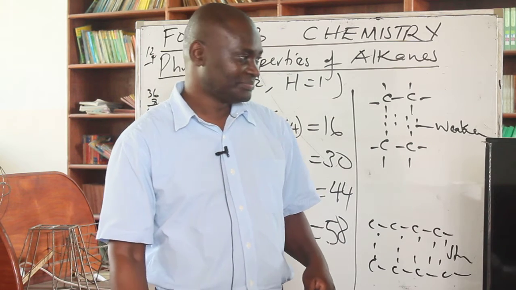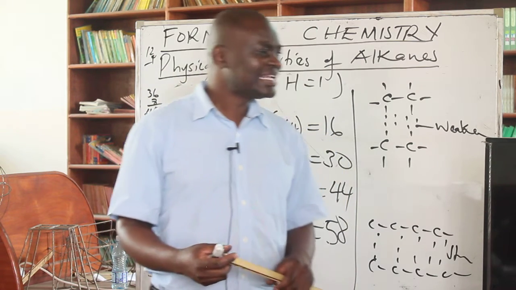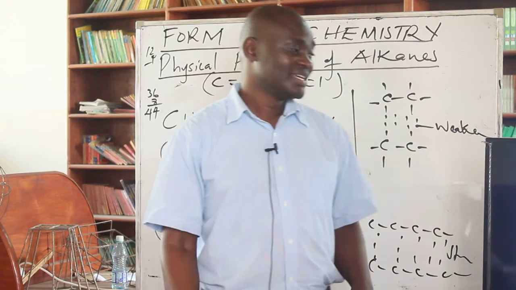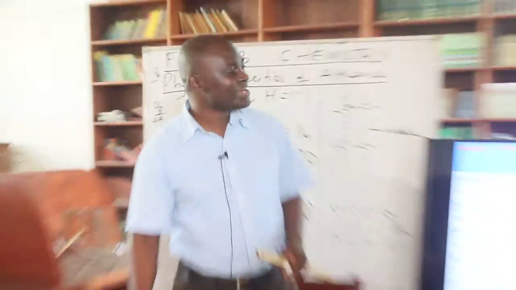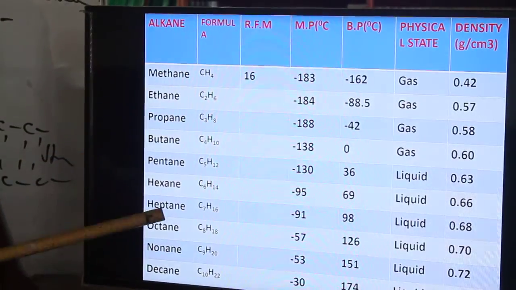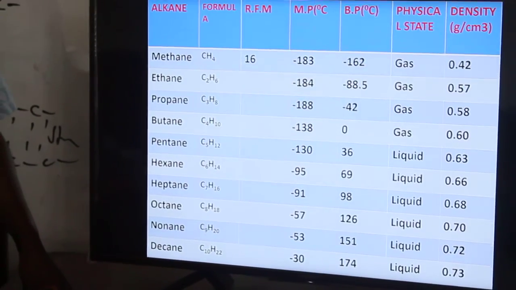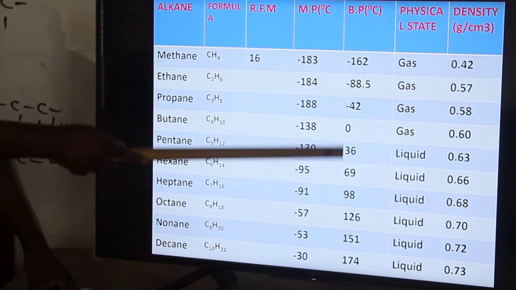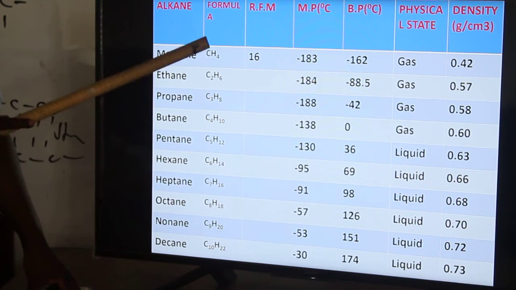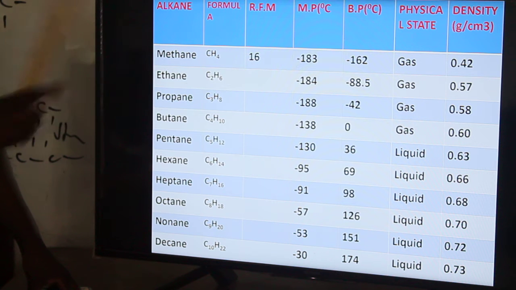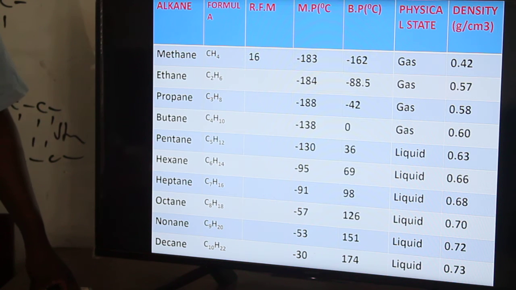Now, let us come back to the table and talk about melting and boiling points. If you look at this table, there is a clear general trend that as you move downwards, as the number of carbon atoms increases, the melting and boiling points of alkanes also increase.